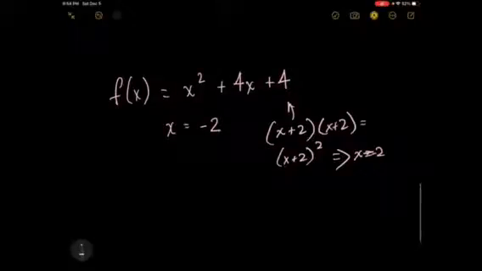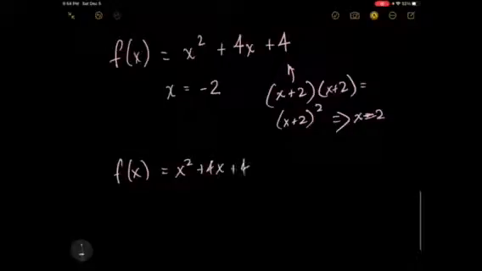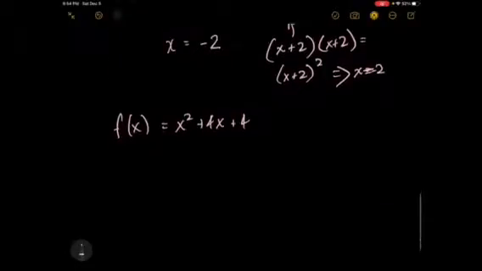All right. Now, I'm just going to write that function again. If I try using Descartes' rule of signs here, I'll see that I'm going from a positive to a positive to a positive.